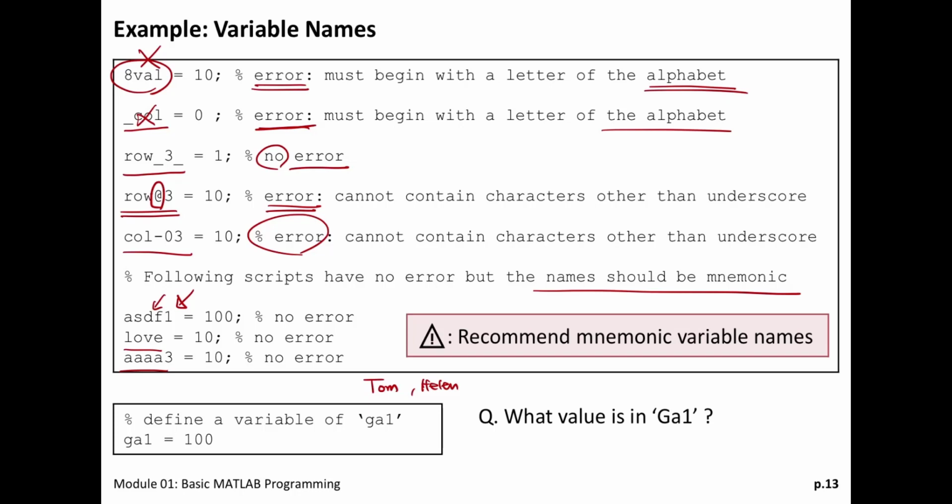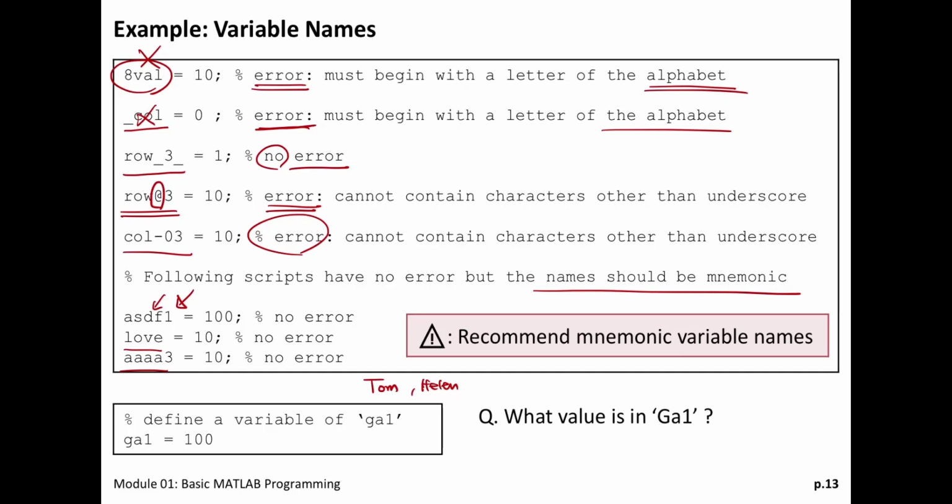Okay, so unless you want to see the value inside of the variable, please put this semicolon at the end of each line of your code. Okay, this is one good practice. You can always check the value of the variable through the workspace, not the command window.